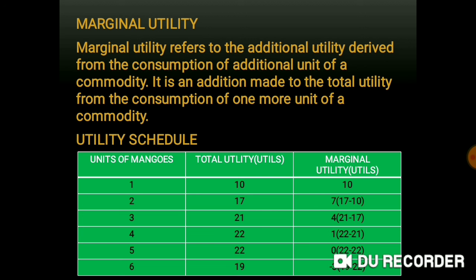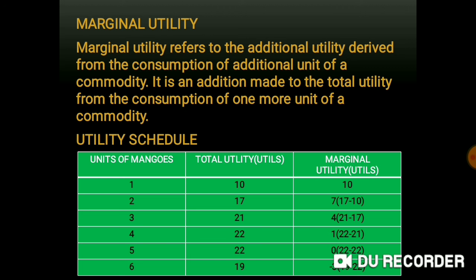For example, if a consumer is hungry and he consumes 1 apple and he gets some amount of satisfaction. Suppose 1 apple does not fulfill his hunger and he consumes 1 more apple, the second apple. So whatever satisfaction he gets from the second apple is known as the marginal utility.